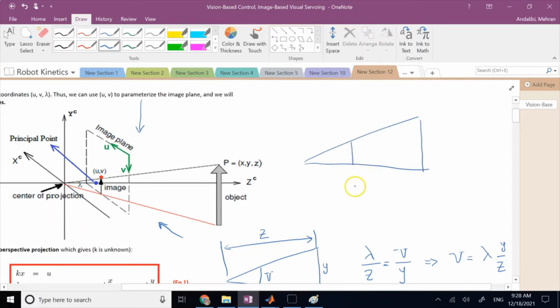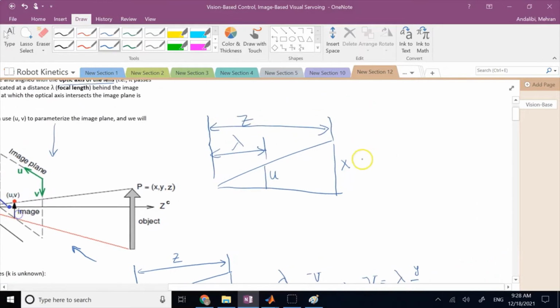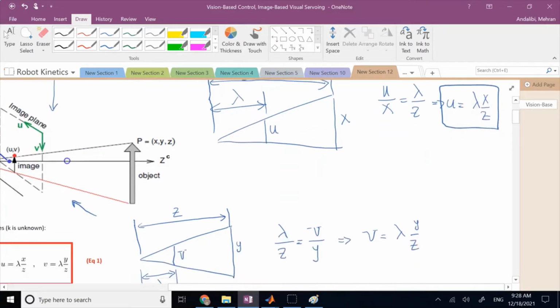This time, this distance from here to here is going to be X. This one is going to be U. And again, you are going to get lambda and Z. So this is your lambda, this is your Z. So U over X is going to be lambda over Z, and so your U is going to be lambda X over Z. So now you can find your image plane coordinates.